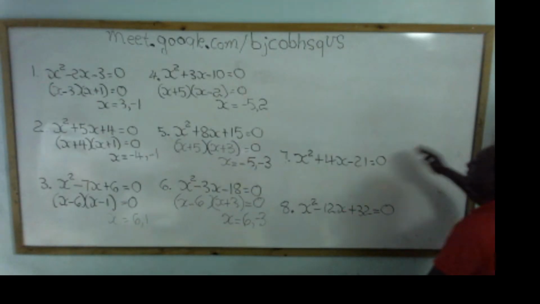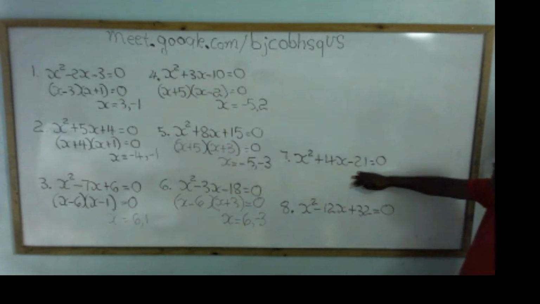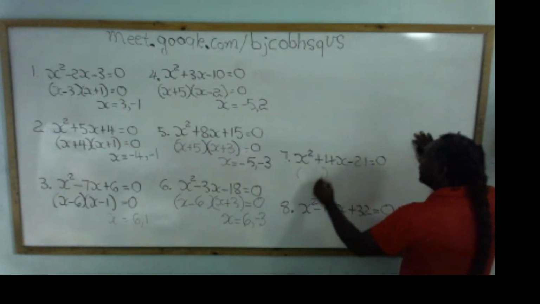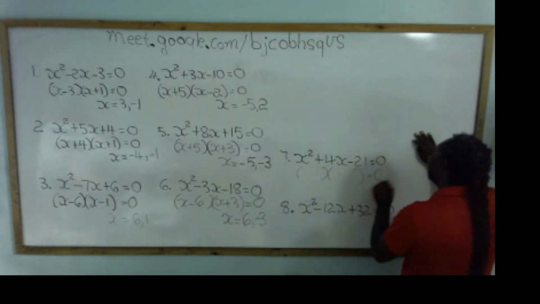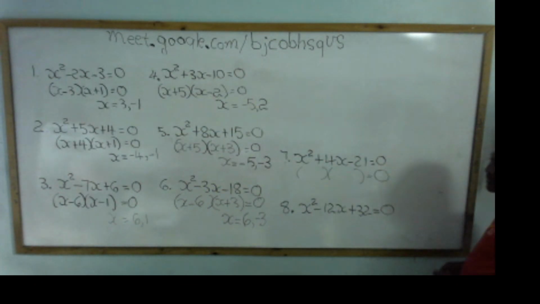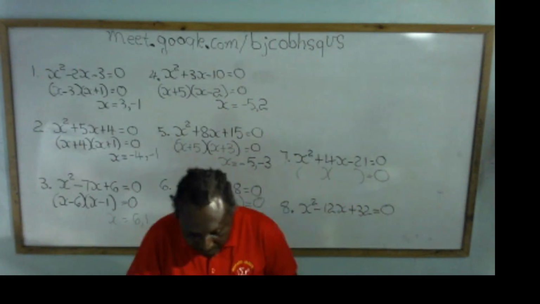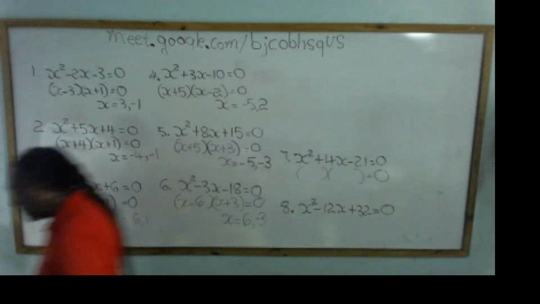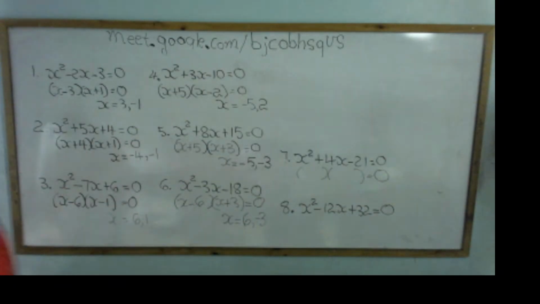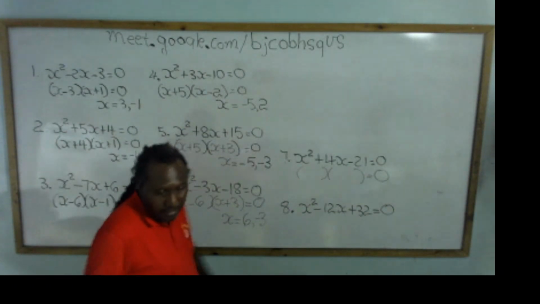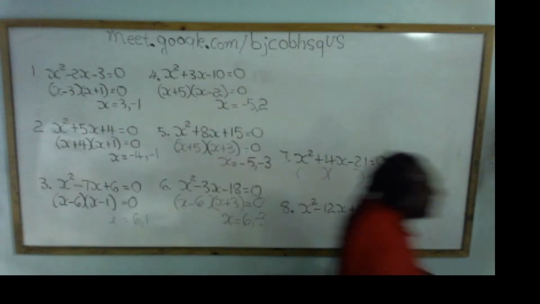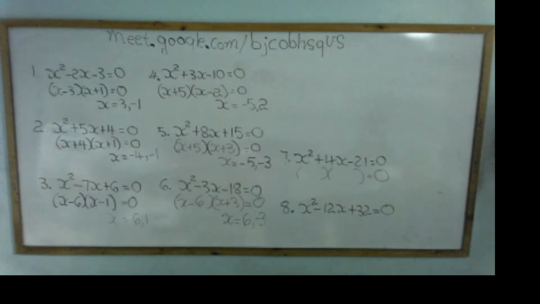The numbers have a product of negative 21 and a sum of positive 4.